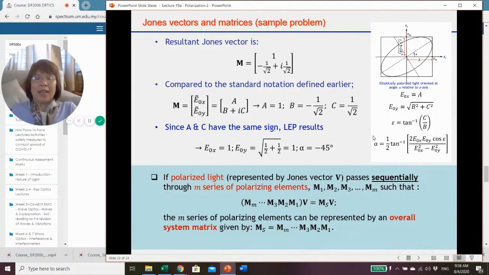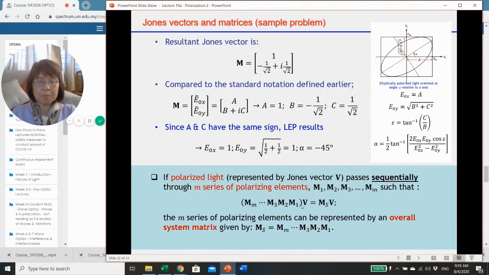Okay, so then here is an important note here. So if the polarized light, which we represent by Jones vector, passes sequentially through M series of polarizing elements, which are represented by M1, M2, M3, until MM, the mth component, such that when you operate the matrices onto the Jones vector, you will get a resultant polarization of light.